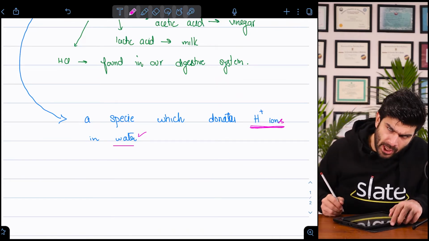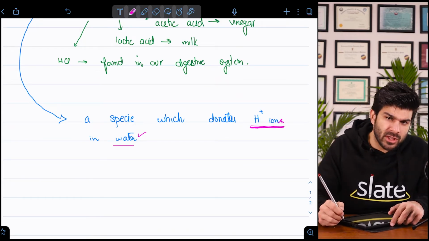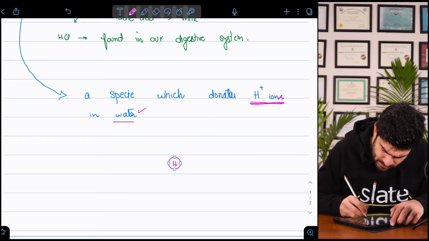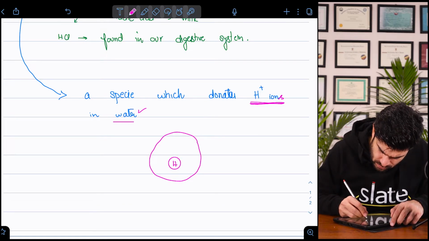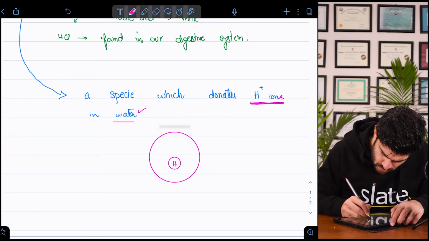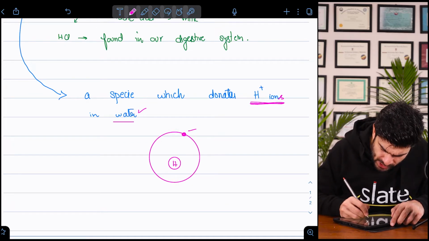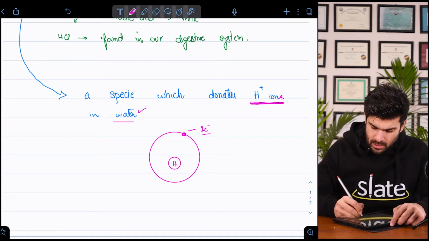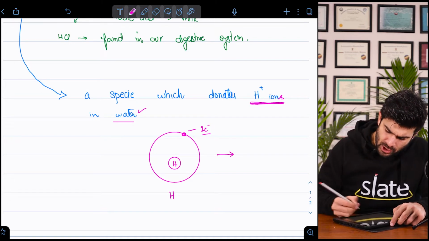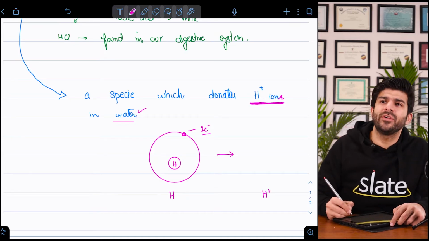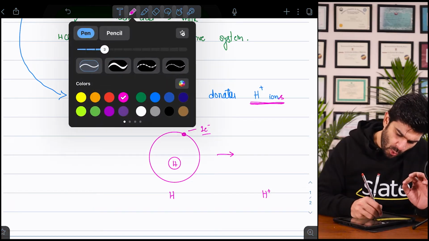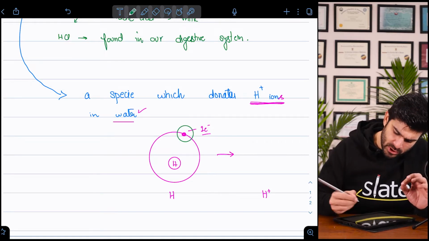Let's talk about the hydrogen ion. We know the hydrogen ion by another name as well. So we know that this is a hydrogen atom. There is one electron. But in order to make it a hydrogen ion, this is H, and if I have to make it H plus, what will we do? We are going to lose that electron.